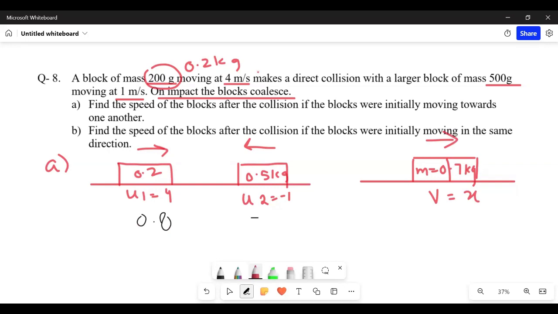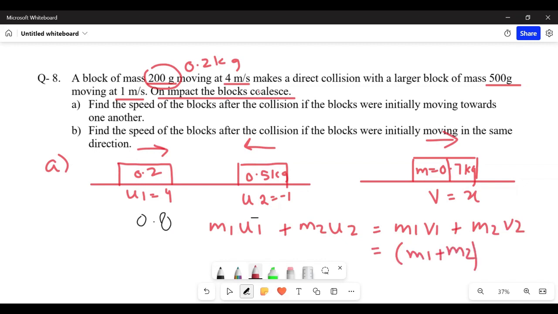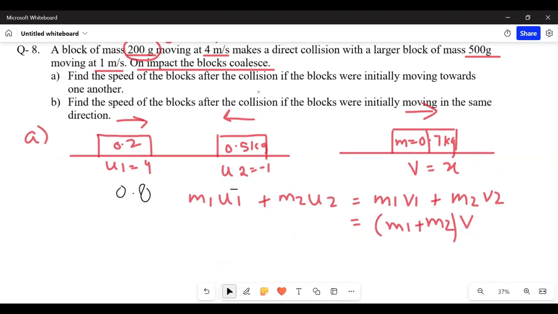Okay, now we're going to use the equation of conservation of momentum, which is m1 u1 plus m2 u2 equals m1 v1 plus m2 v2. Now, since the object has coalesced, this is going to be considered as one body of mass m1 plus m2, and it will have a combined velocity v. So this will still be m1 u1 plus m2 u2.